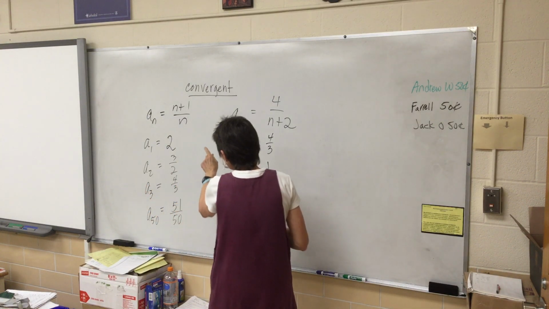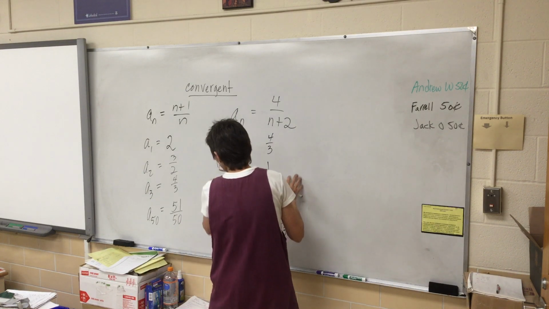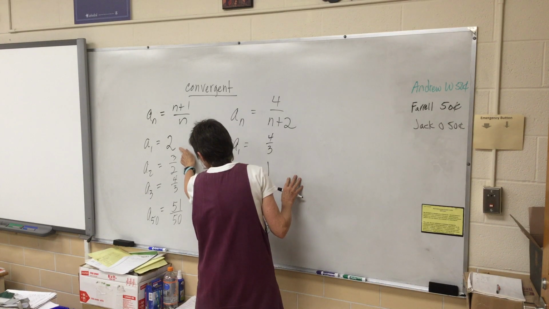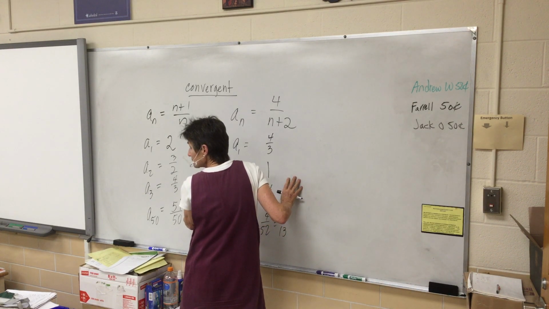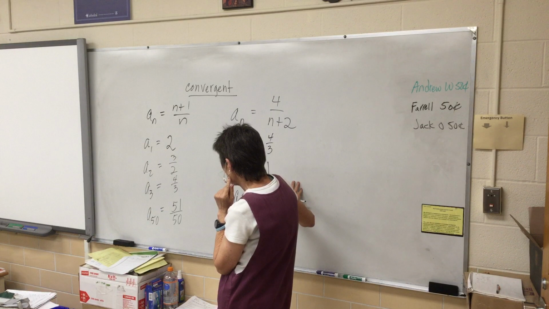So if you look at these two sequences we just examined, look at the first one, can you see that the numbers are getting smaller? Now I'm going to ask you a very important question.